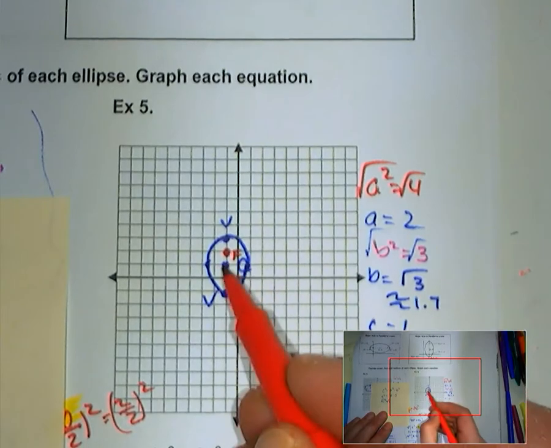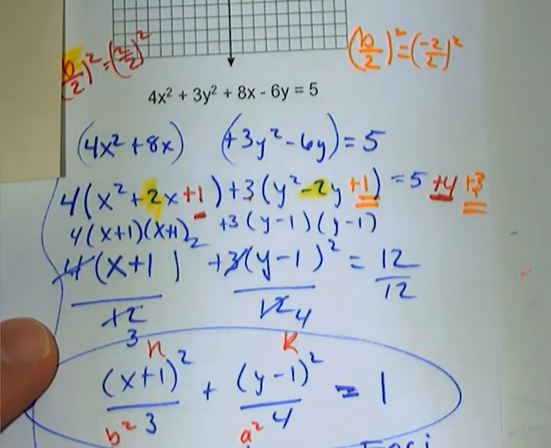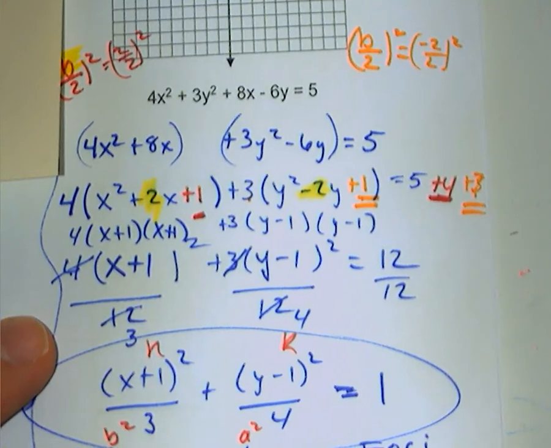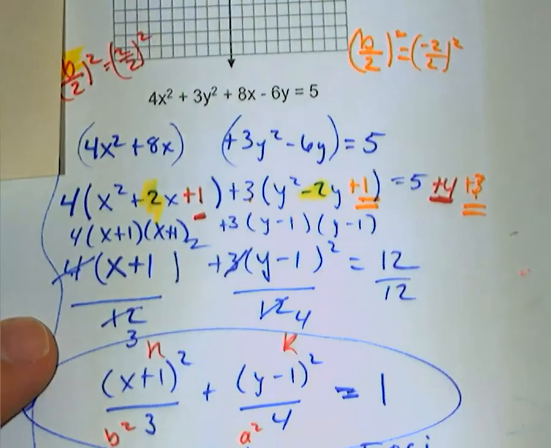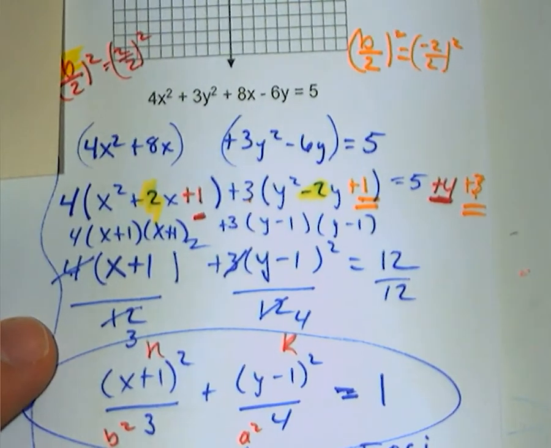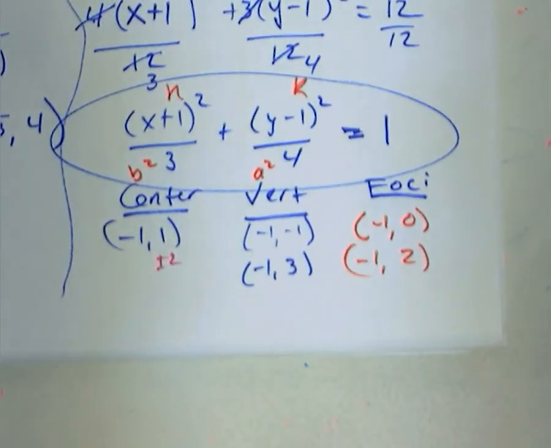Okay, so in my center, I went up 1, down 1. So that foci is at -1, 0. And it's at -1, what is that? Up 1, 2, -1, 2. And I'm zoomed in too much. So my final foci, -1, 0, -1, 2 for that.